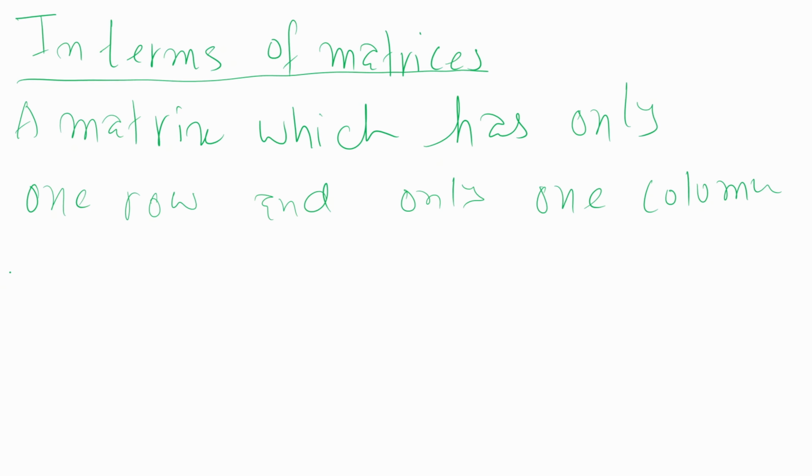And we can represent these scalars as something like this. Normally you would just write the number, but in case of matrices you have to put these numbers inside square brackets, and that's how you represent scalars in terms of matrices. And as you can see here, it has only one column, which is downwards, right? And from left to right, only one row. Only one row and only one column.